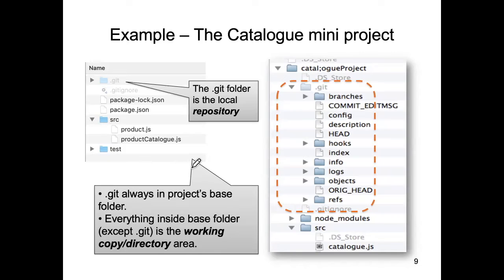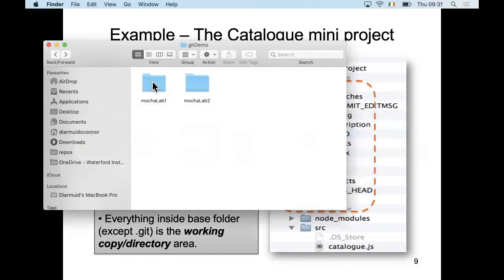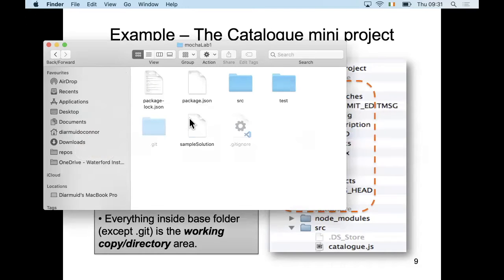So if I just flick over to my file system, this is just my catalog project. Now, at the moment, can I see the .git? Should be there, I think.